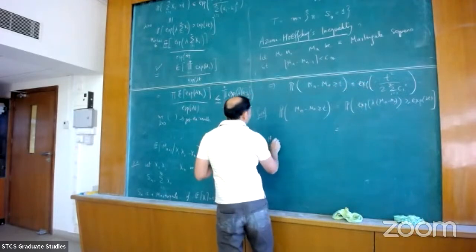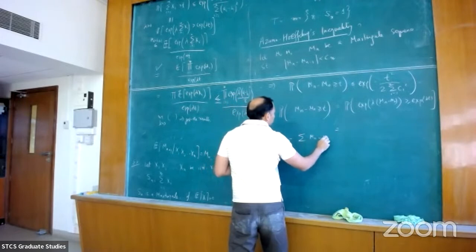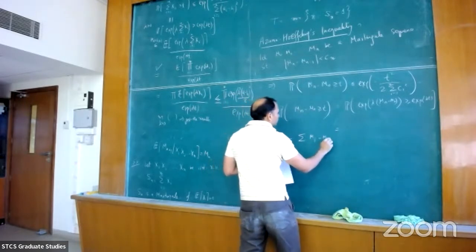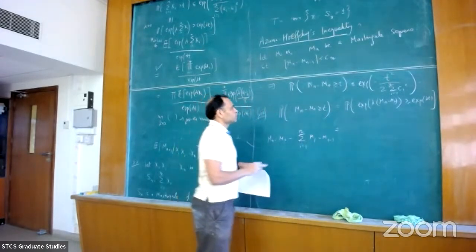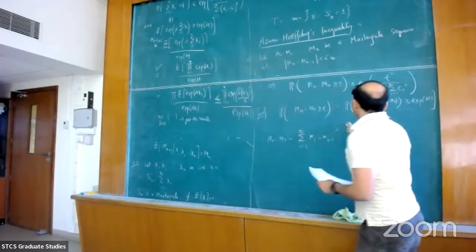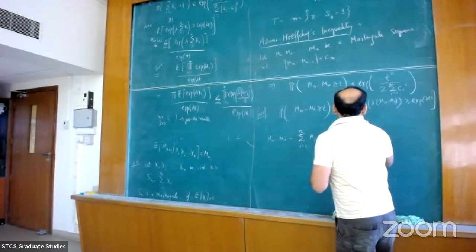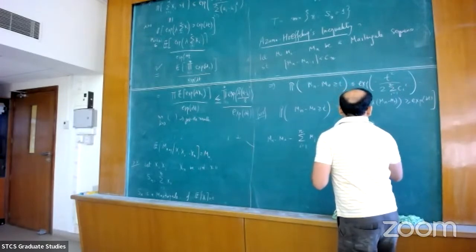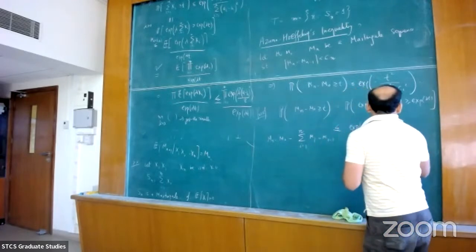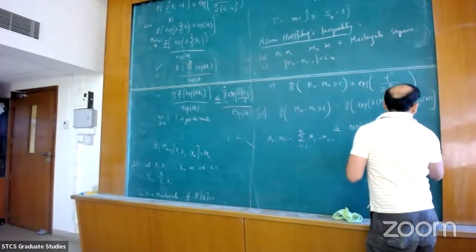Successive differences. That's what I'm going to do, and exactly as before I write this as less than or equal to e to the minus lambda t times the expected value of the product.